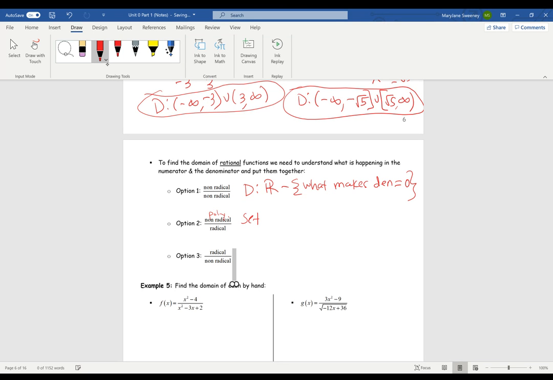We set what's under the radical, as we saw before, greater than 0. If the radical's in the top, then we set what's under the radical greater than or equal to 0.